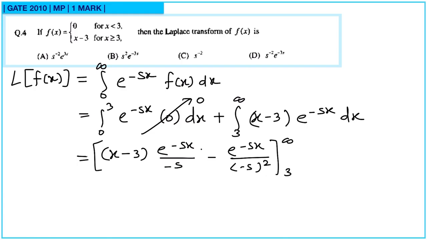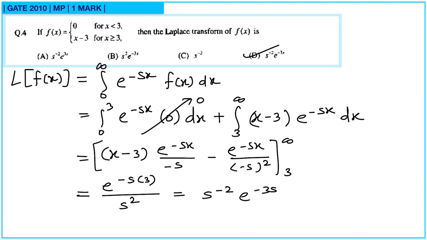So when we put infinity here, then both these terms will be 0 because e raised to minus infinity is 0. And when we put 3 here, the first term will be 0 and the second term will be minus minus, it will become plus, it will be minus s into 3 upon minus s square, that is s square. So this will be s raised to minus 2 e raised to minus 3s. So here option D is correct.